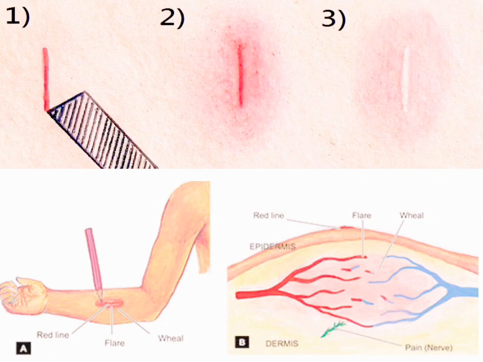Here are the three components of the triple response. Number one, red reaction. Number two, wheal. Number three, flare. You can see in all the three pictures the three components of the triple response: red reaction, wheal and flare.